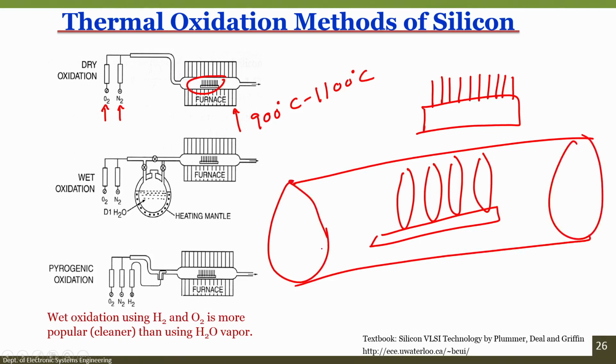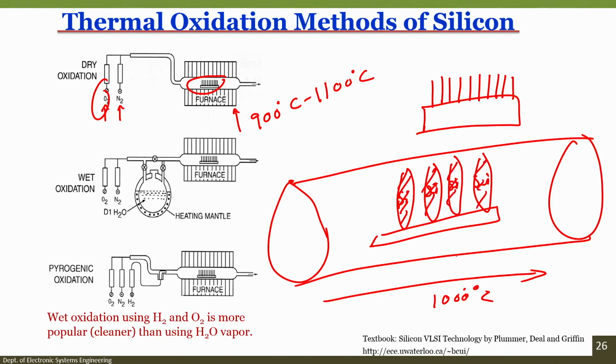This is a horizontal tube furnace, you can see the tube is in horizontal direction, and these are silicon wafers. Now, let us assume that the temperature is 1000 degrees centigrade. If I start oxygen while the furnace is heating, then you will not get an optimized silicon dioxide on these wafers.